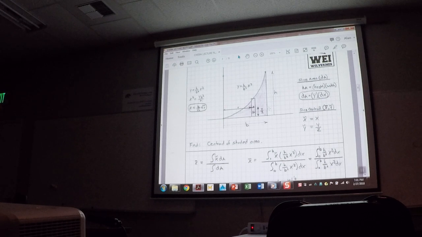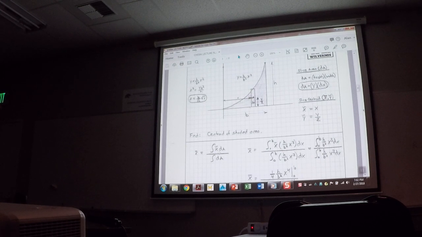But the fundamental equation I want you to look at right here is exactly the same that she was showing us. She was showing us the x bar is equal to, well, in this case we're not doing weight, we're doing area, but that's okay. The x distance over for each little slice. So here we're going to have a little box, right? And this is just an example box.